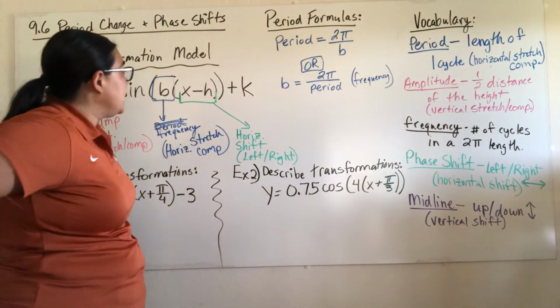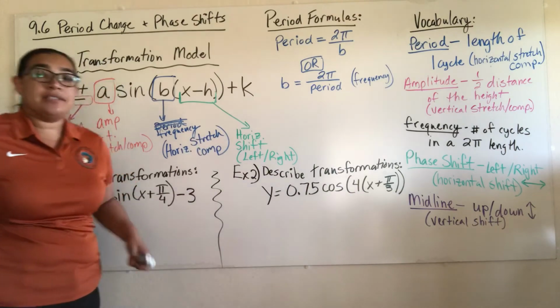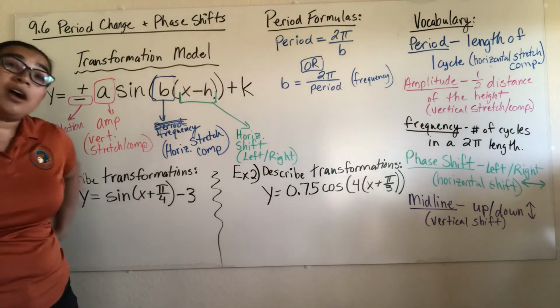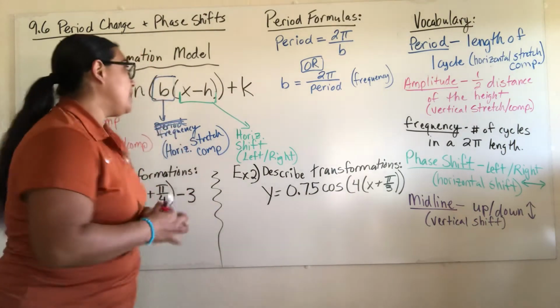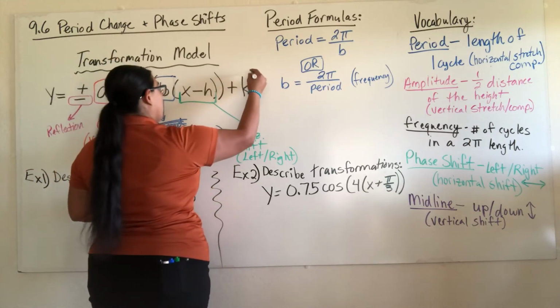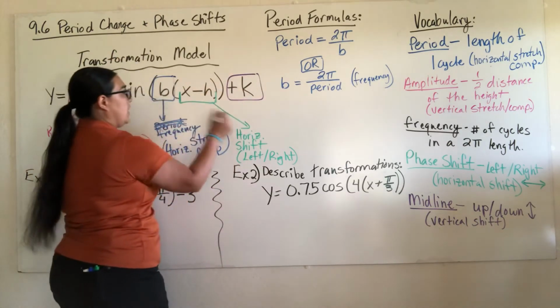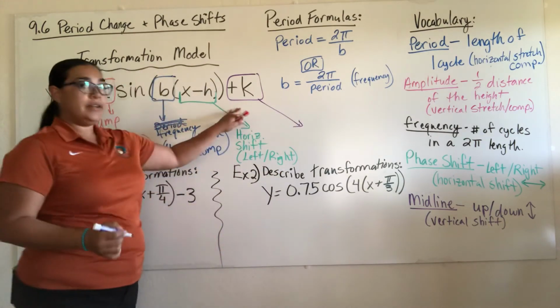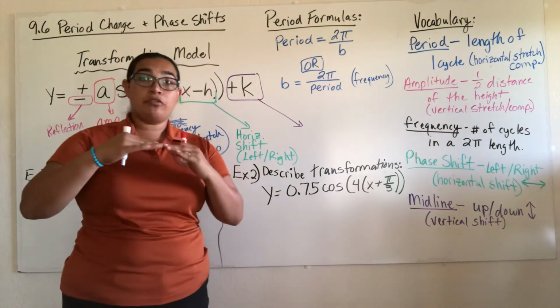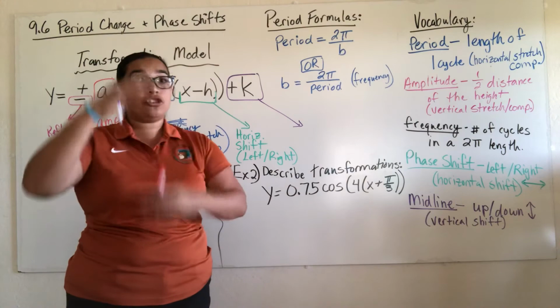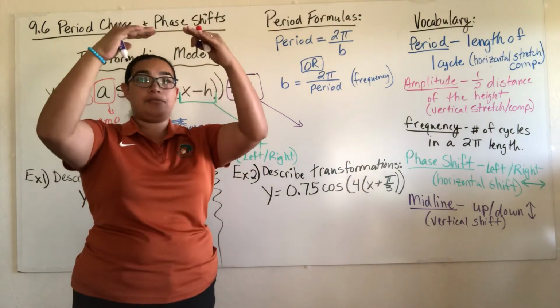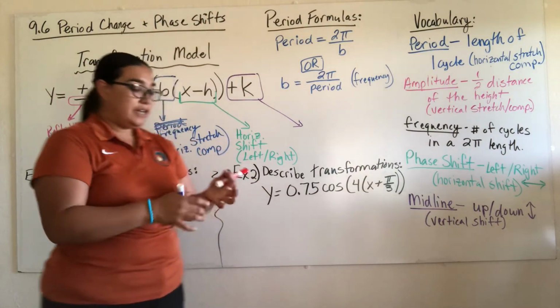All right, and then the last thing here is the number that's hanging out outside. I'm calling that your K value. It's kind of the same thing as your H value, but this is on the outside, and this controls your movement up and down. Not stretching, just up or down.